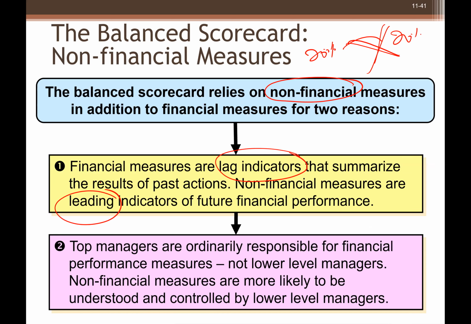It's a leading indicator. Number two, top managers are ordinarily responsible for financial performance measures, not the lower level managers. The non-financial measures are more likely to be understood and controlled by lower level managers as well. The top level managers claim, okay, this is because of us, right?